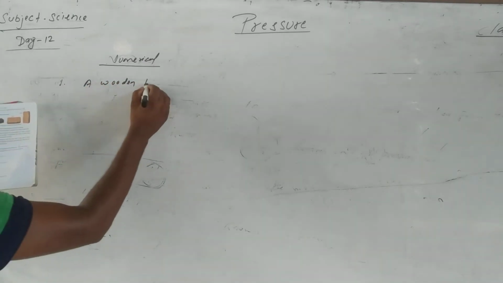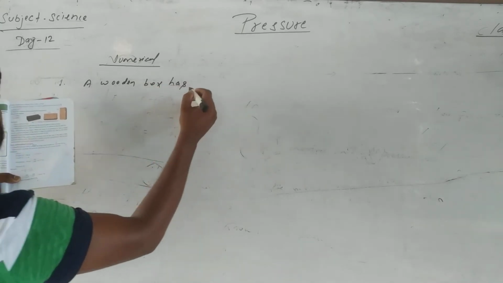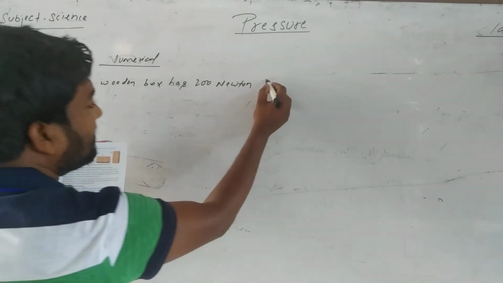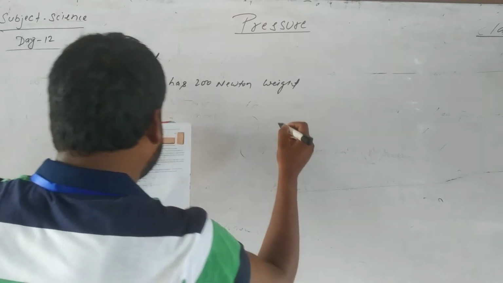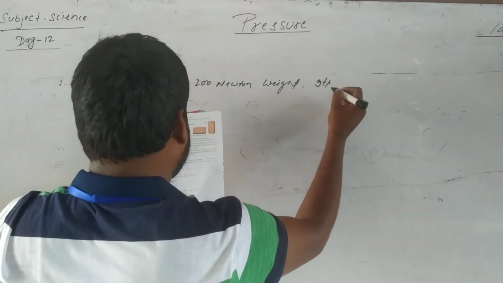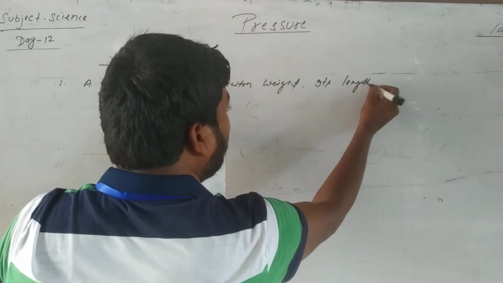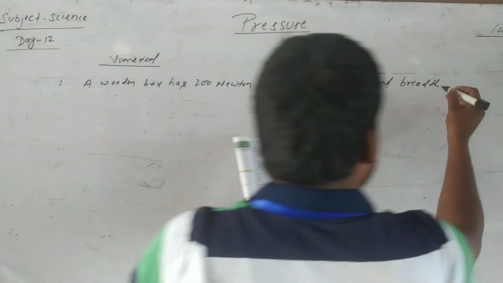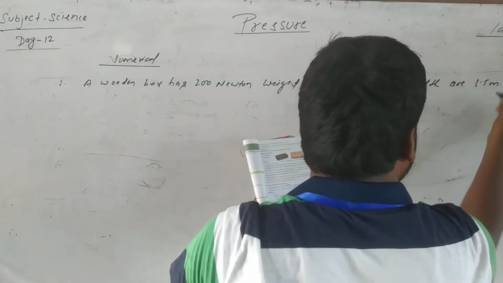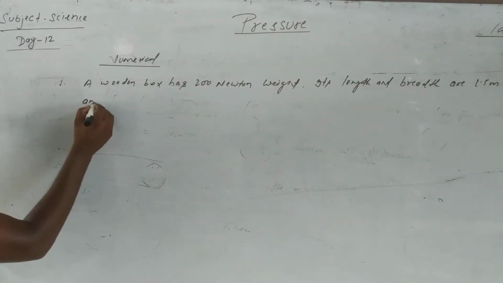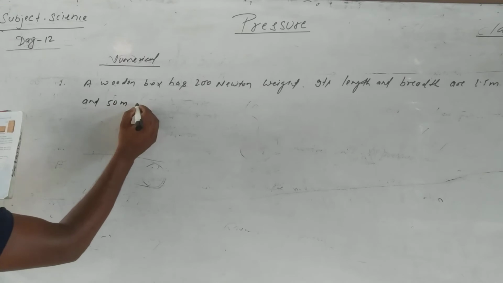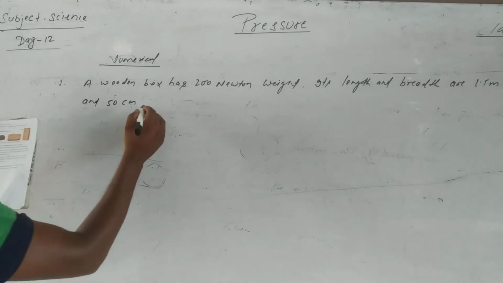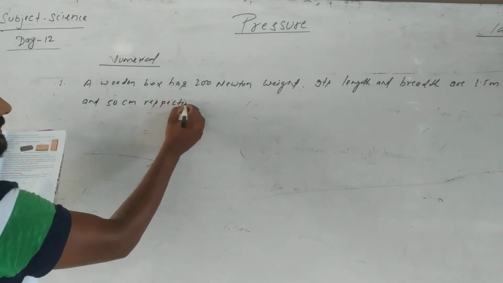A wooden box has 200 Newton weight. Its length and breadth are 1.5 meter and 50 centimeter respectively.